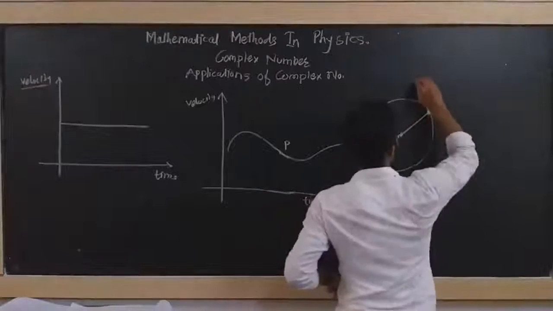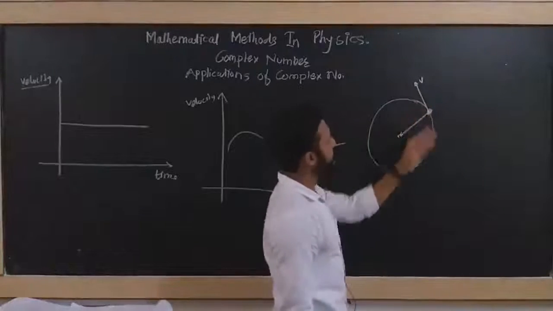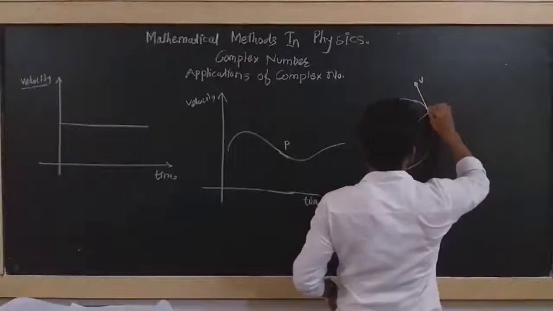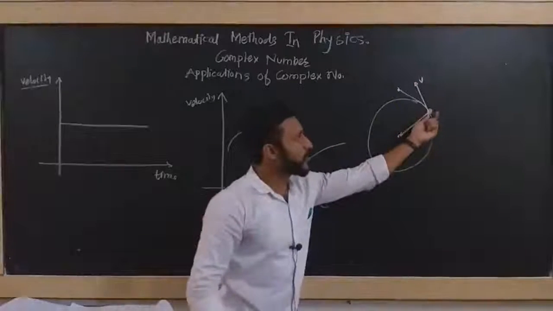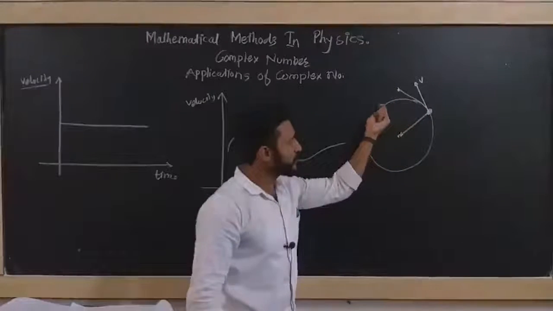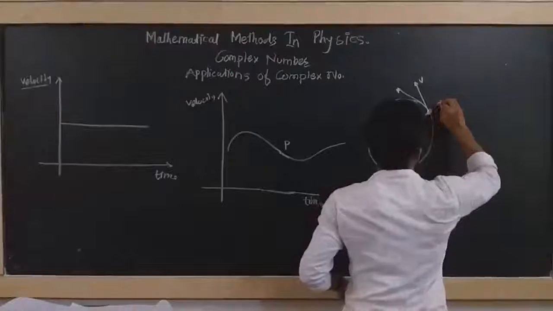So its velocity is not constant, and this velocity has two components, the transverse component and the radial component.